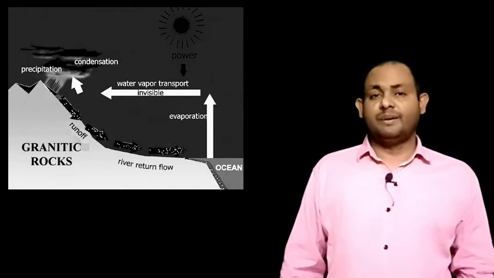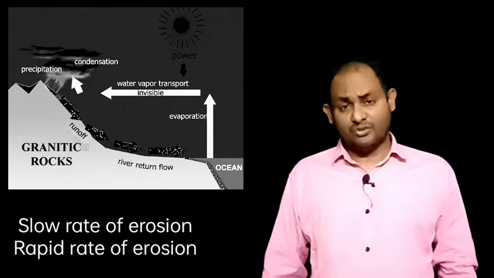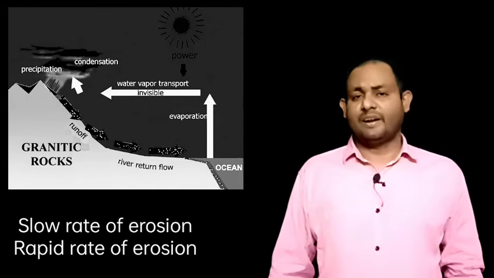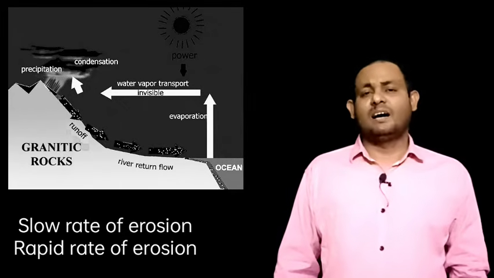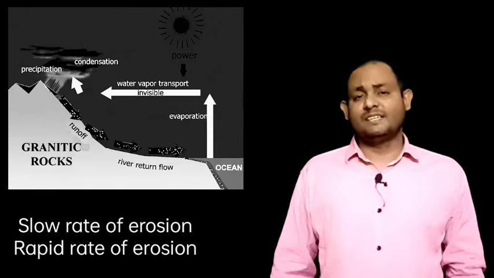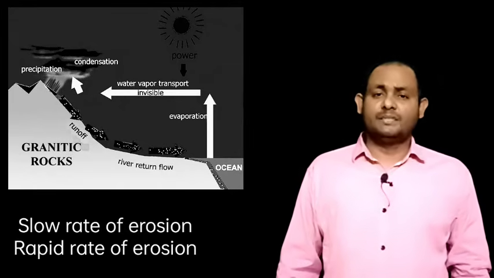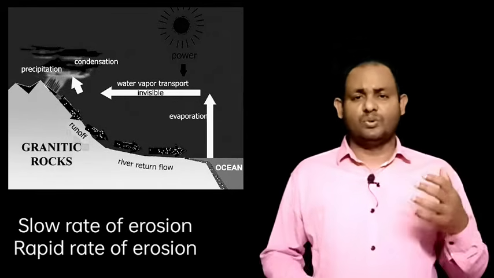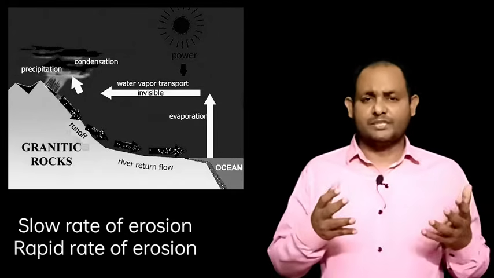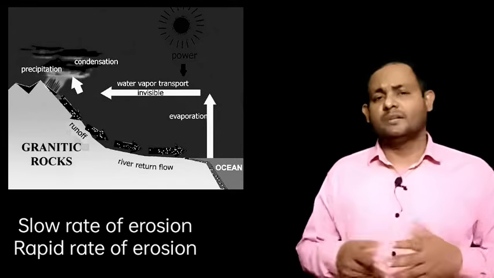The rate of sedimentation depends on the rate of erosion of the continental rocks, whether slow or rapid. If continental rocks are resistant to erosion, they are eroded very slowly, and hence there is a very low supply of sediments by the rivers to the ocean.